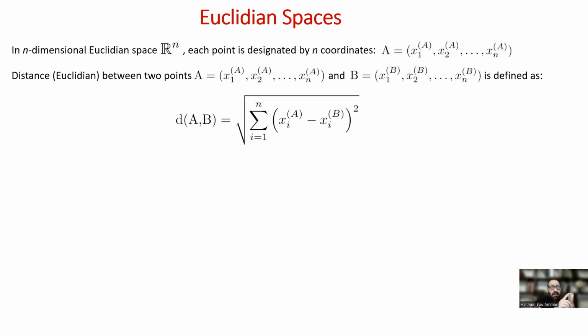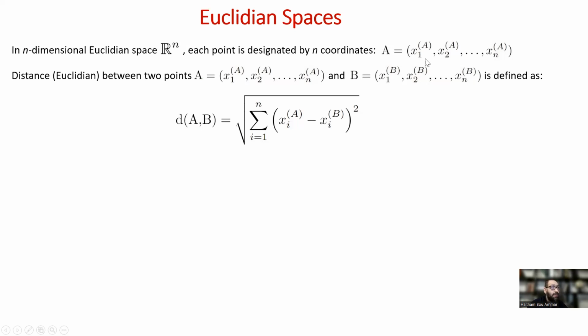So we said in 1 dimension we had 1 coordinate axis, in 2 dimensions we had 2, in 3 we had 3, because we need 2 values to locate a point in 2D. Now in n dimensions we need n coordinates to locate that point. So for example, let's say you have a point A, which has these n dimensions, x1, x2 up to xn.